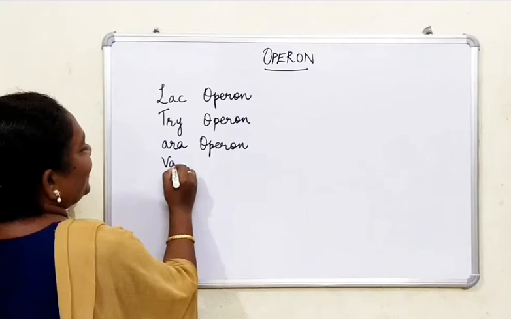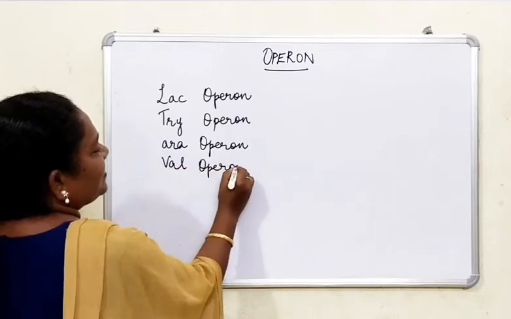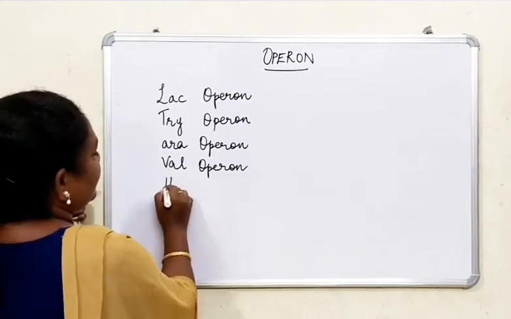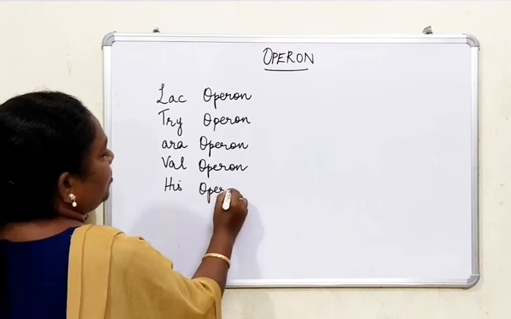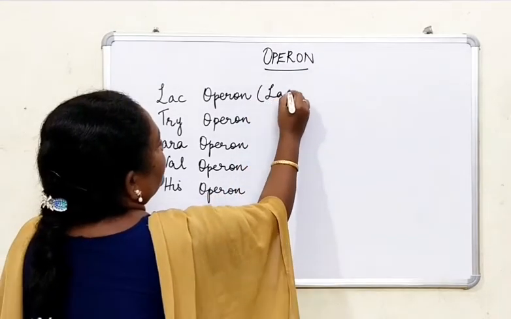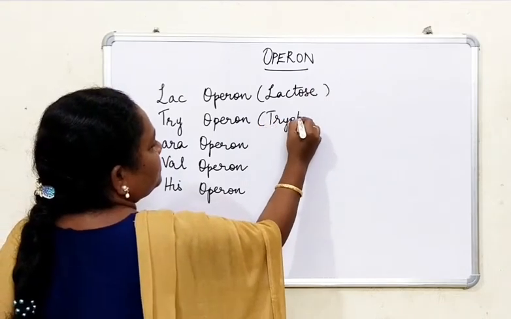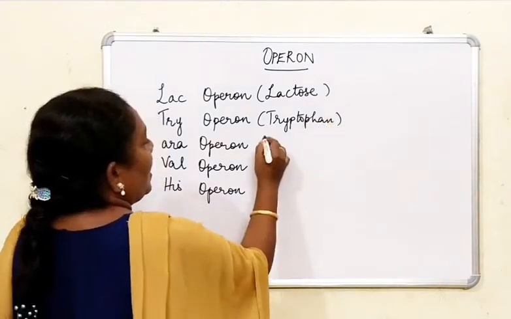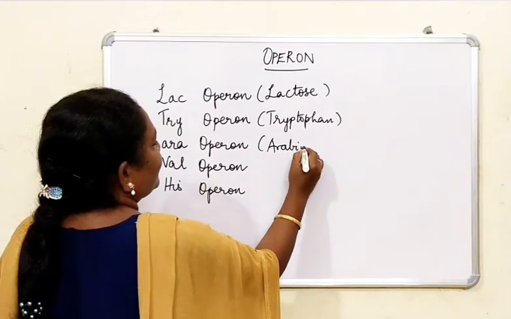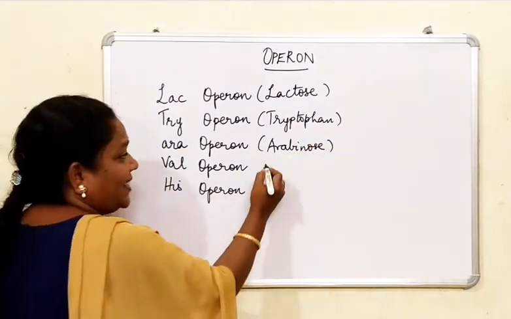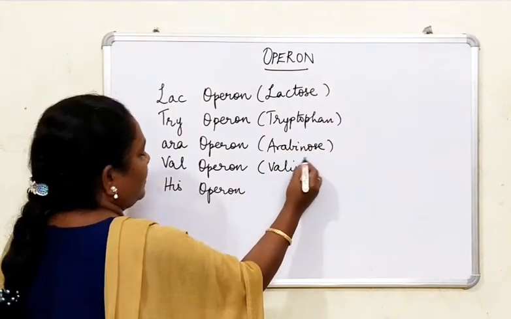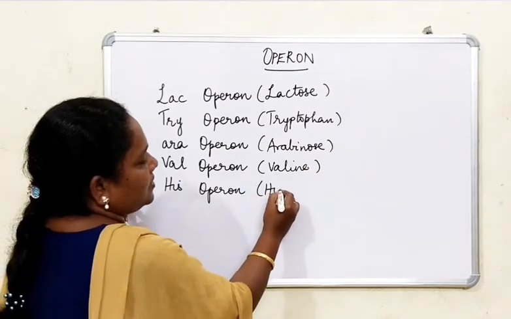Okay, then valine, histidine, operon. So here you call that to be lactose, then tryptophan, arabinose, and then valine, and his stands for histidine.